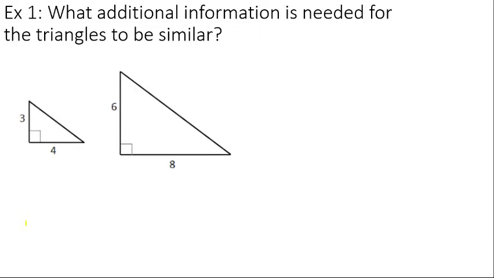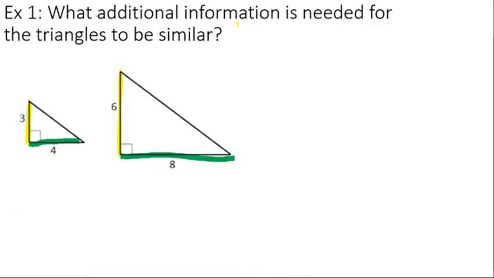So far what we're given is that this number here and this side here go together, they're corresponding. And then this number value here, they go together, corresponding as well.